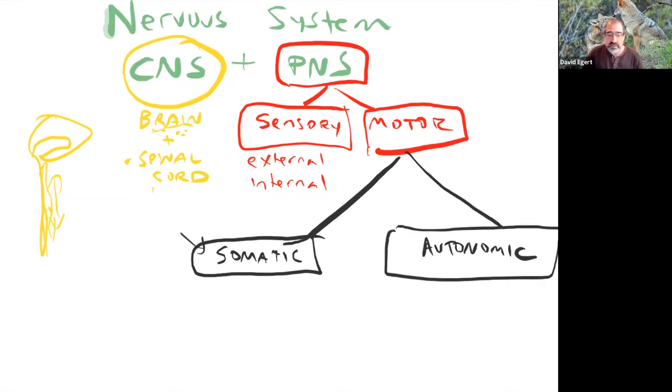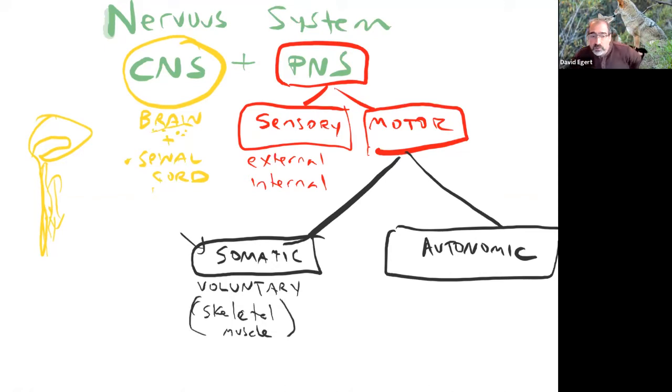Soma means body. This is your voluntary motion, mainly skeletal muscle. So when we're talking about the parts of the nervous system controlling your voluntary skeletal muscles, it's going to be the somatic motor division.